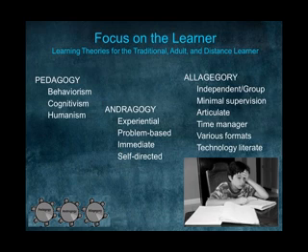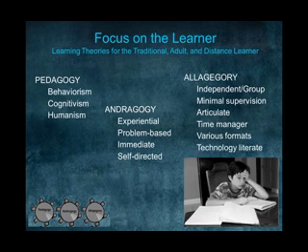I won't go through each of these in a lot of detail because we are limited in our time, but behaviorism basically started in the 1950s with guys like Pavlov and Skinner, and you probably have been instructed in the idea of learning behaviorally, with things like behavioral learning objectives, stimulus, response, and reinforcement.